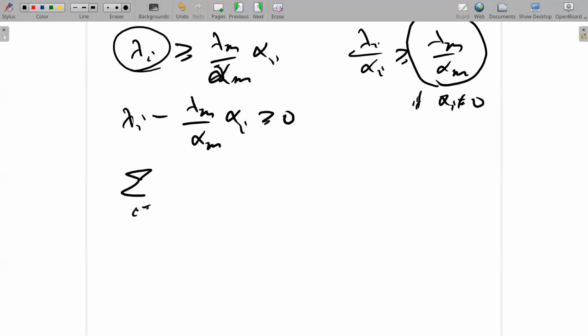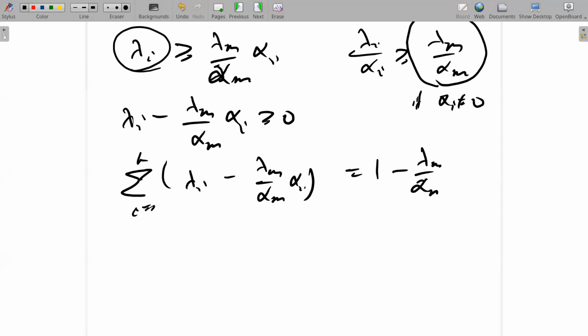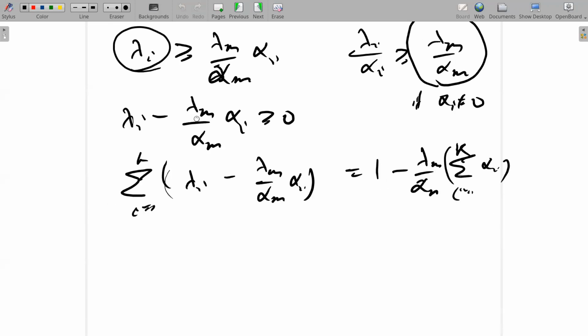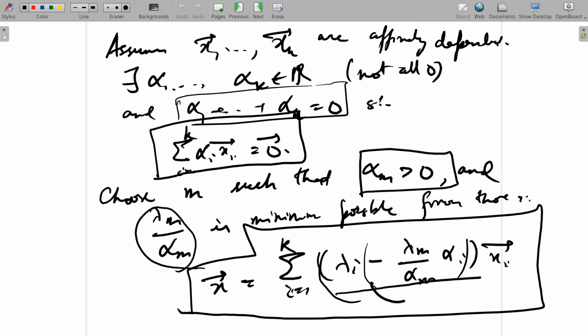So what about the sum? First of all, the sum of the first term is 1, because the lambda i's were the ones determining that convex combination. Then I have lambda m over alpha m times the summation i equals 1 to k of alpha i. Now look at this. What do we have here? That sum is equal to 0. So in fact, these are all positive and they sum up to 1.